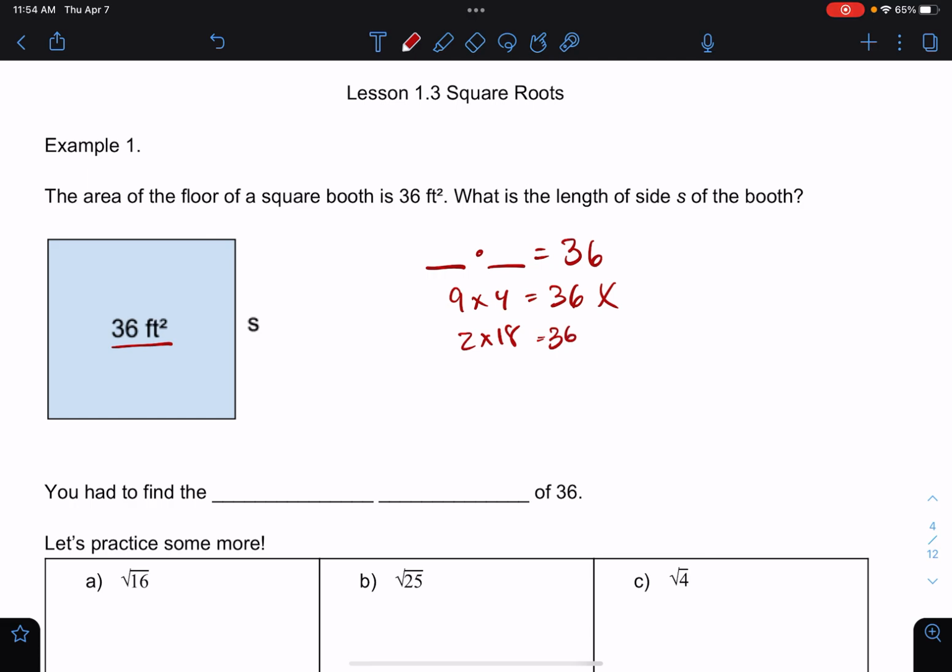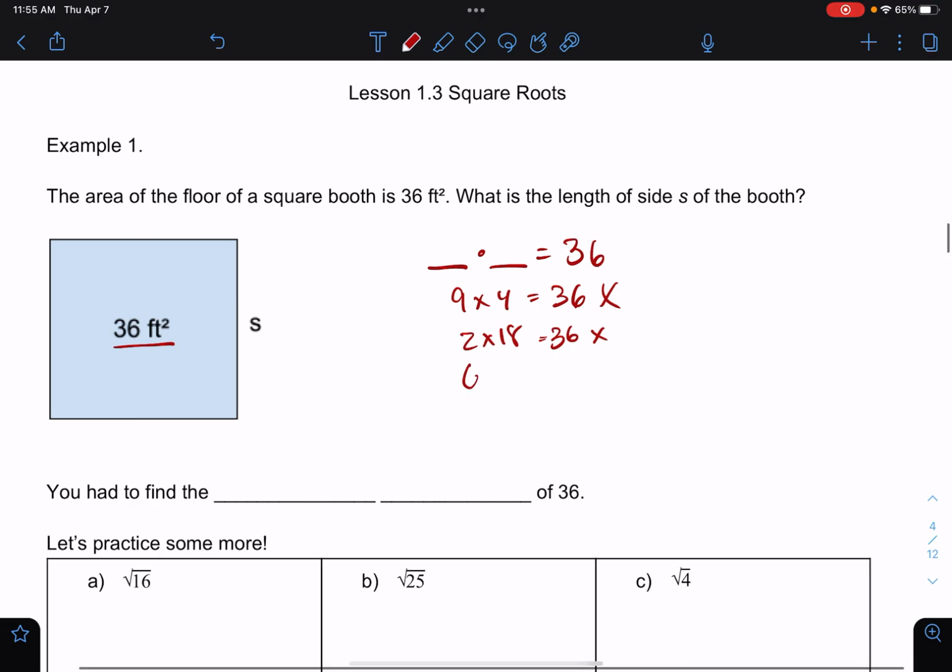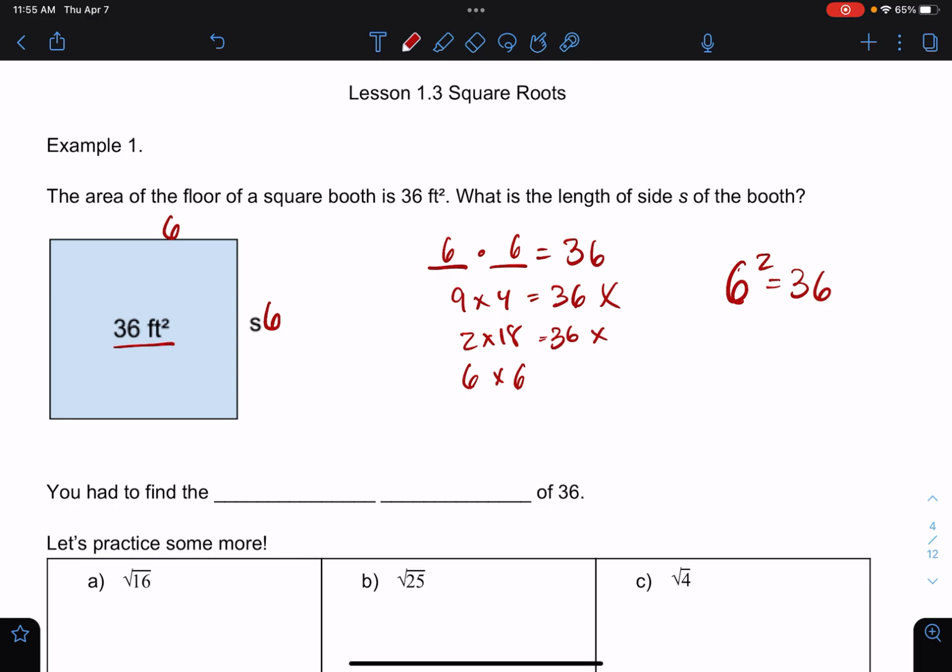That's 36, but again that would make a rectangle. No dice. What about 6 times 6? 6 times 6 is 36. Another way you could write that is 6 squared equals 36.